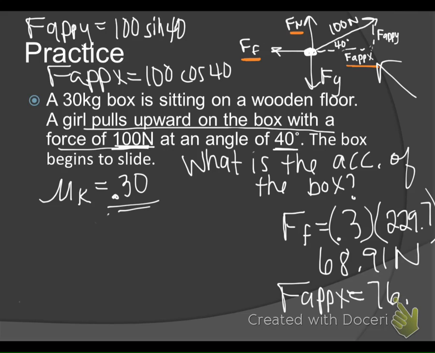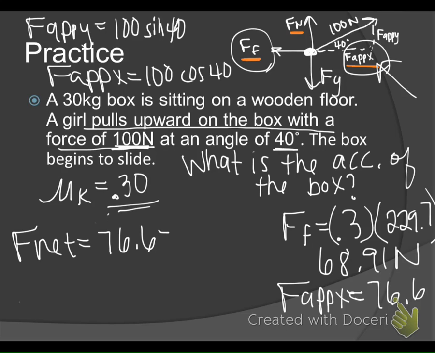76.6. Okay, so now we can move on to our F net equals our right forces, which is our applied x, and we solve that to be 76.6, minus our left forces, which is friction, and we solve that to be 68.91. 7.69.